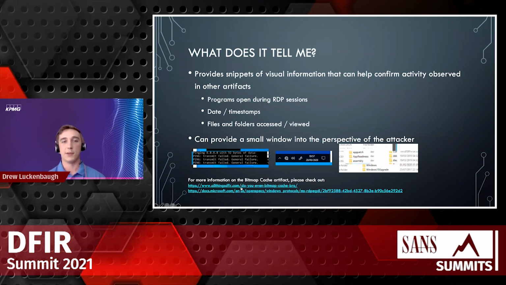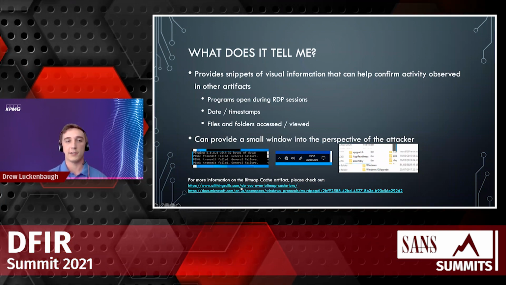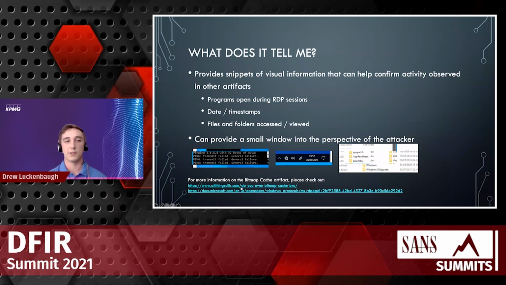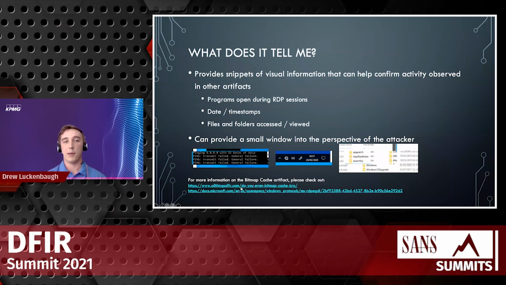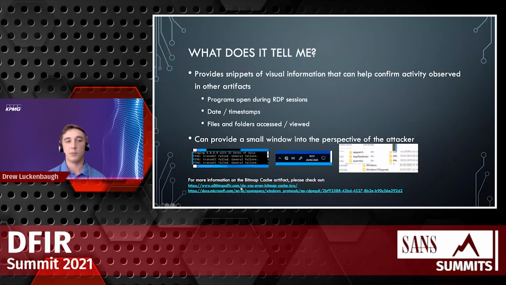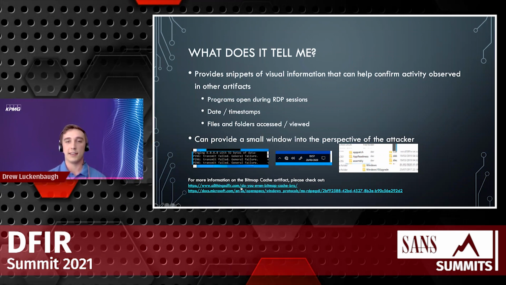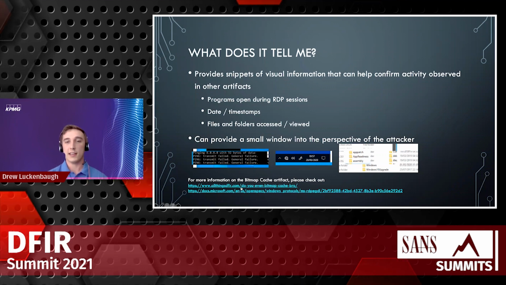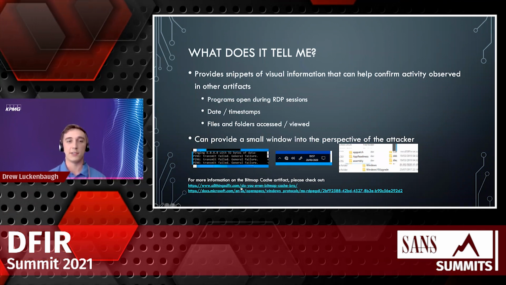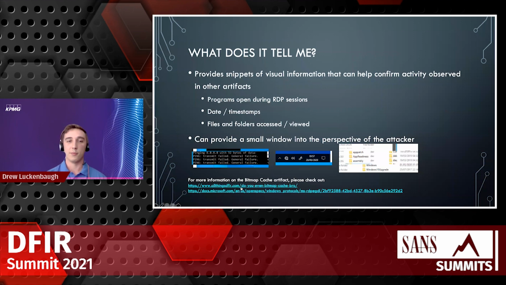The only evidence you would have is the outbound connection request to the destination host. So having that bitmap cache on the source host can help you view programs that were opened, any date and time stamps, files and folders, as well as really any other interesting information you might run into from the perspective of the destination host.